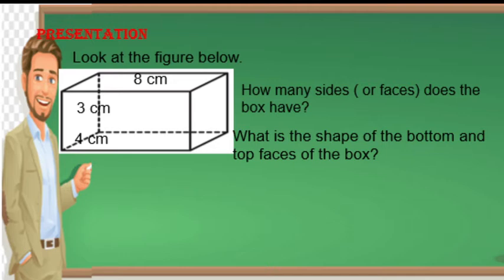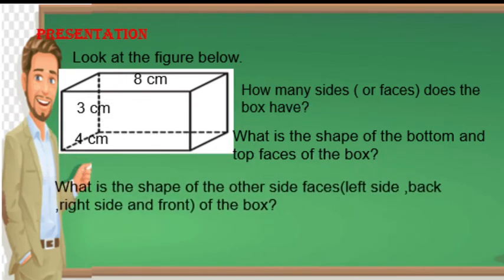It is a rectangle. And what is the shape of the other sides: the left side, the back, the right side, and the front of the box? They are all rectangles. That's why it is a rectangular prism.